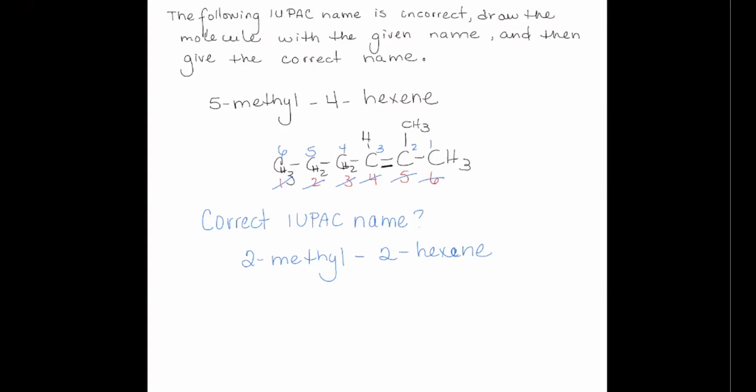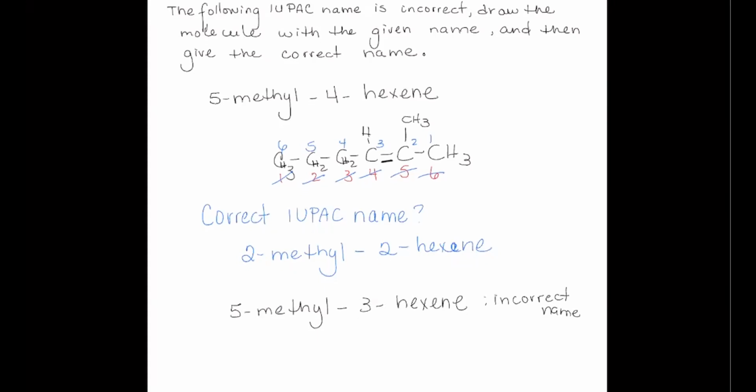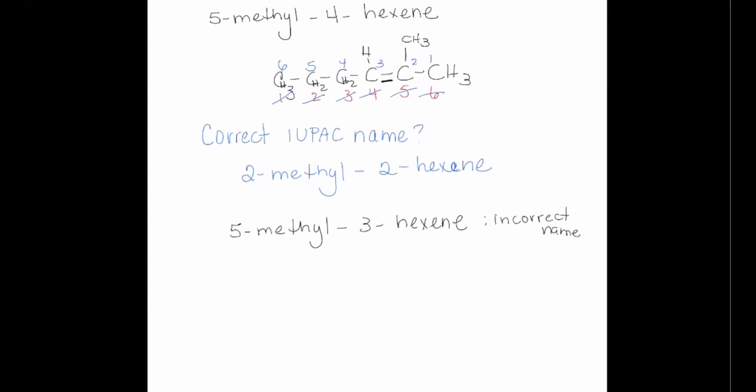No. So let's say that the incorrect name would have been 5-methyl-3-hexene, for example. If this is the incorrect name and we draw it out, then it will be 1, 2, 3, 4, 5, 6. So this is where the double bond is.